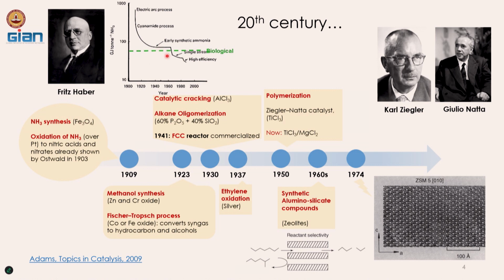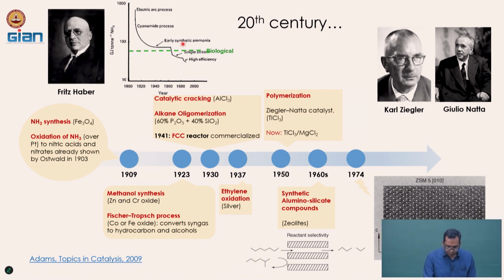And here is just one example where we are looking at the energy required for the production of ammonia and how it evolved over the years. For electric arc processes and cyanamide processes, the energy requirement per ton of ammonia production was pretty huge.